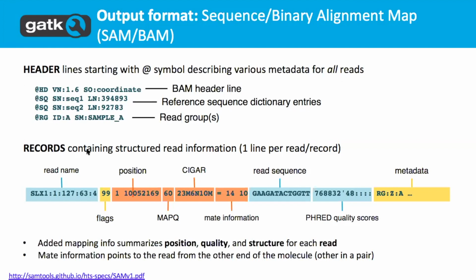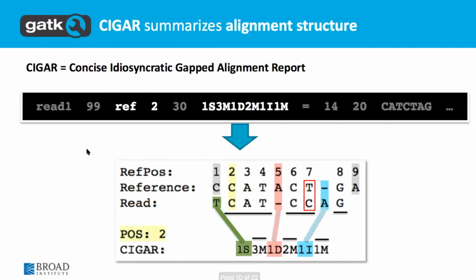All right. Now to talk about the CIGAR string. The CIGAR string is essentially summarizing the alignment structure of each read. For example, in this example, the CIGAR string is telling you that the first base was soft clipped.